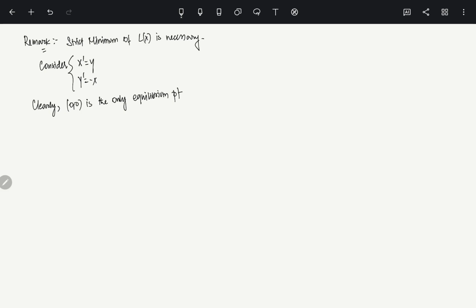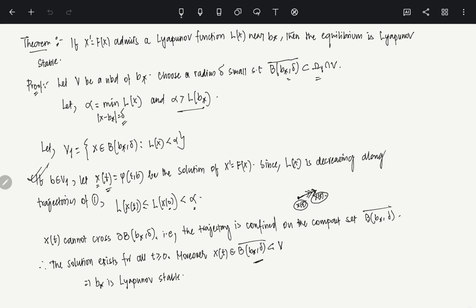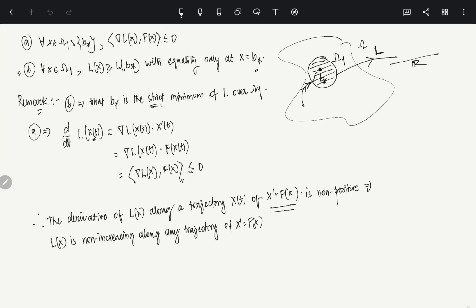Now, if we define L of x, y as y square, that satisfies condition A, that it is decreasing. You can easily check this part, that's trivial. Please check that part.